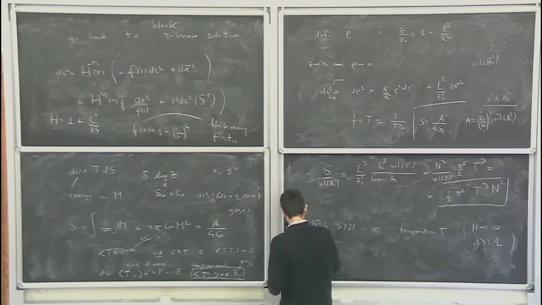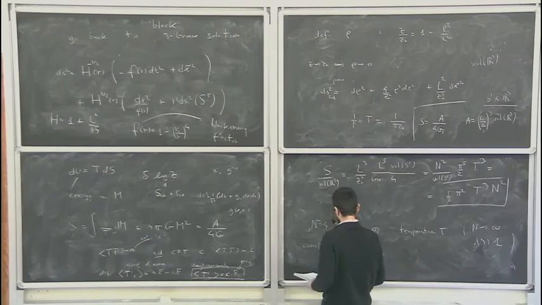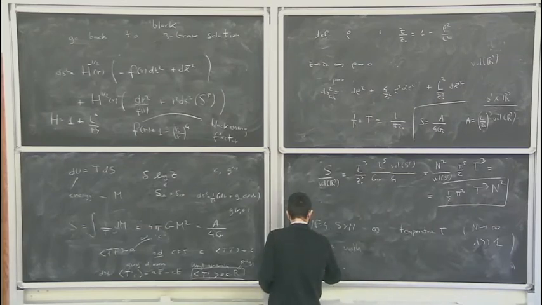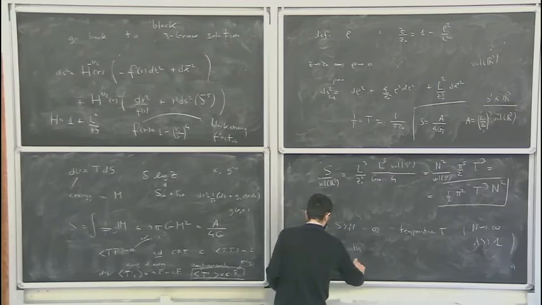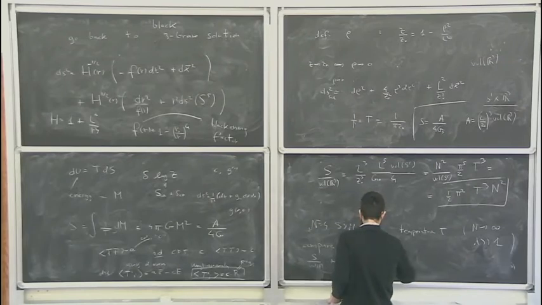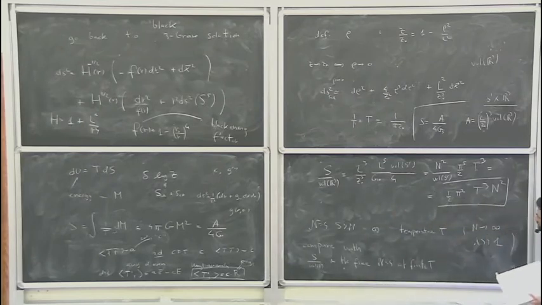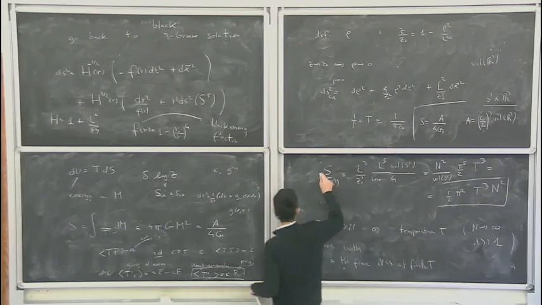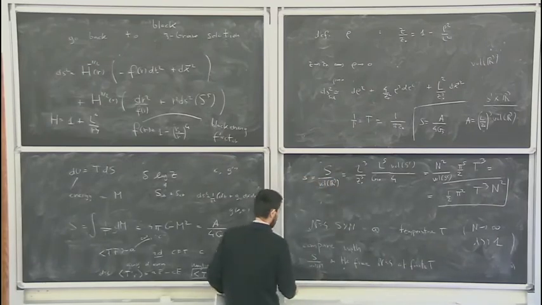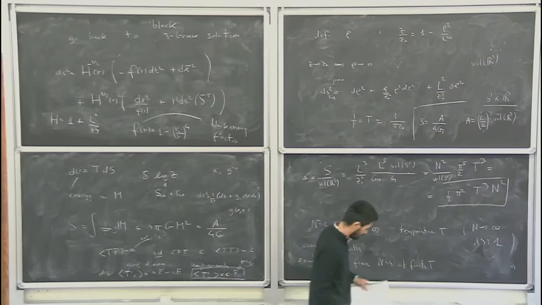So compare with S over volume in the free theory, free n equal 4 at finite t, at the same temperature T. Let's call this, for brevity, little s, the entropy density.